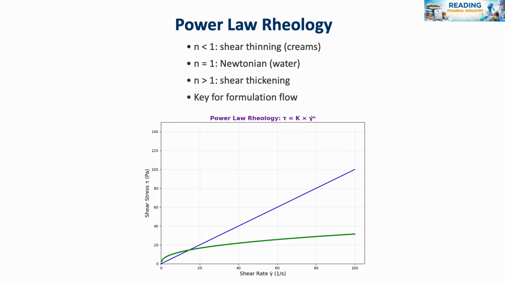If n is greater than 1, we call that shear thickening, just like cornstarch in water. Understanding this is key for formulation science, because those products have different flow properties.